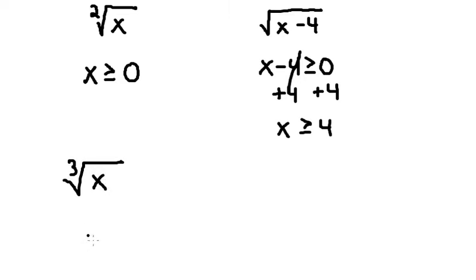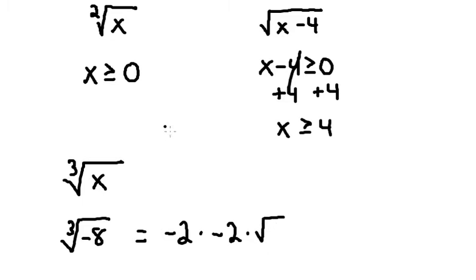That's because a cube root means you're finding 3 things that multiply together to give you whatever you have under your radical. So say we have the cube root of negative 8. We can find that if we multiply negative 2 times negative 2 times negative 2.